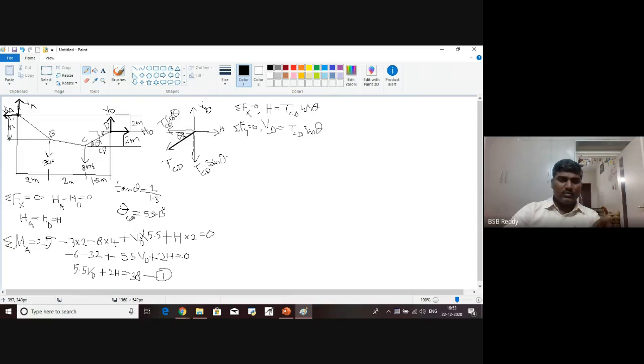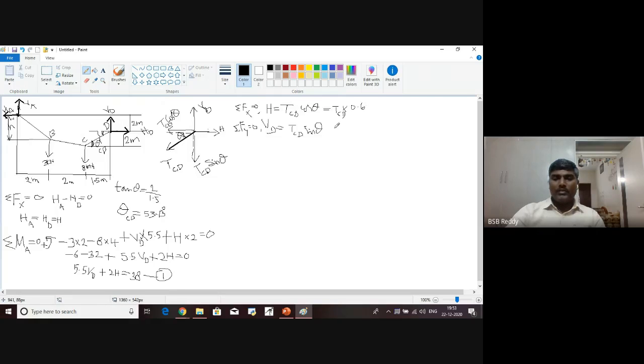So you know the theta value already. So substitute it there. So what it will be, TCD into what is cos 53.13. Cos 53.13 degree is 0.6.